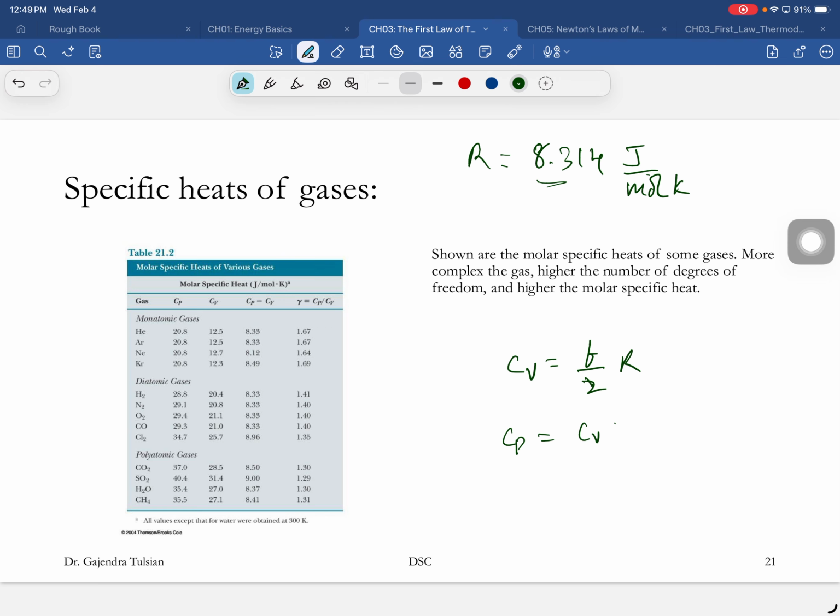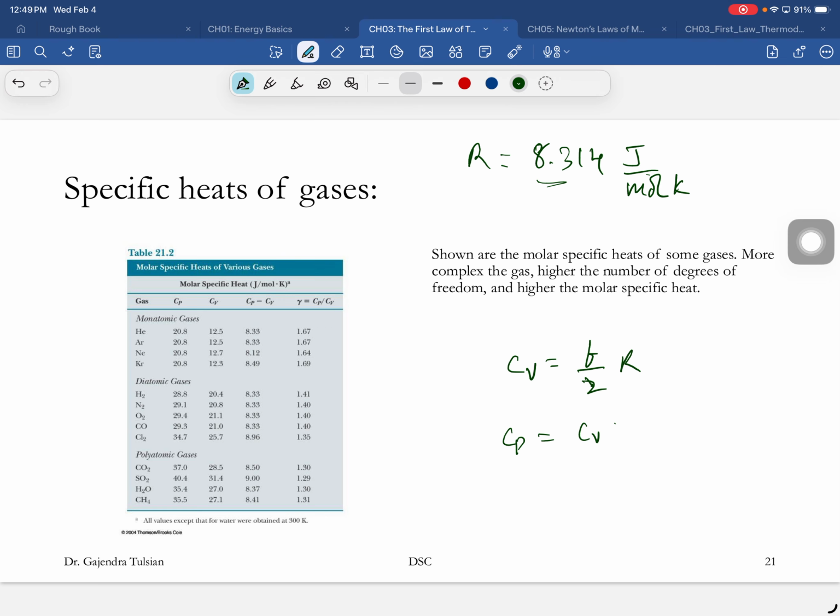So Cv, we saw that earlier, Cv equal to F by 2 R, where F is the number of degrees of freedom for the molecule. For a diatomic molecule at room temperature, the 3 translational degrees of freedom are available, and these 2 rotational degrees of freedom are available.